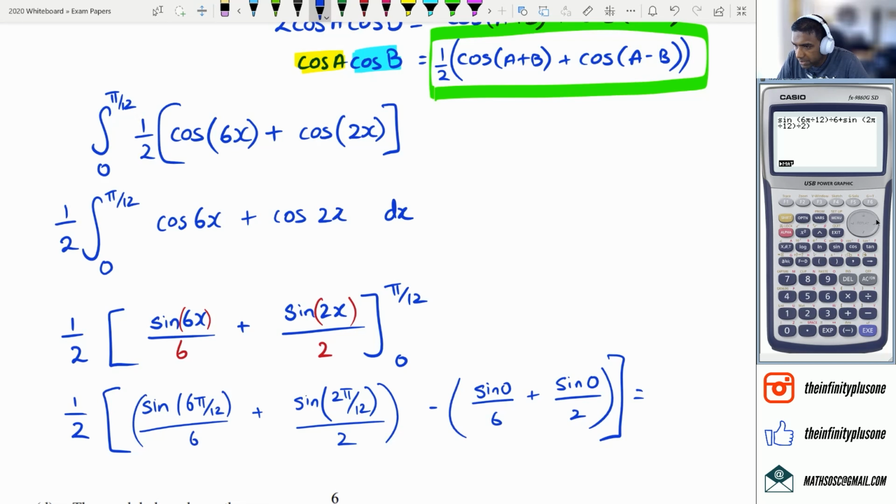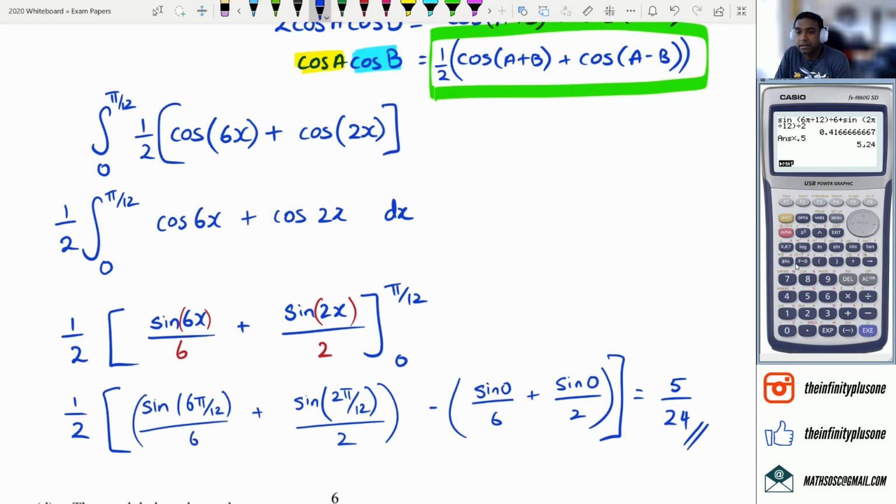Oh, where have I made a mistake? So that gives me 0.41667, and then of course I've got half of that, so I multiply it by 0.5, which gives me that, and if I convert that to a fraction, I get 5 over 24 as my answer.